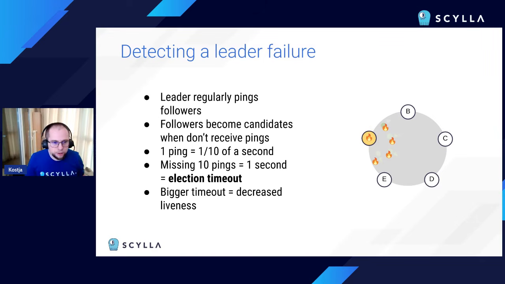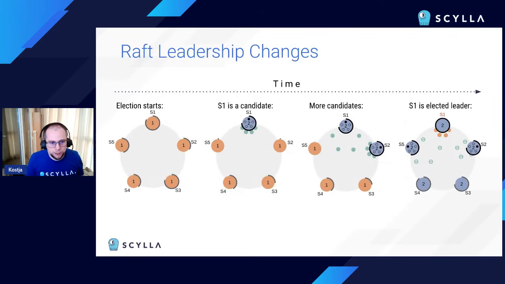So when the election happens, you have a node that says, hey, this is an election timeout. I haven't heard from a leader. I want to become a leader myself. That node, in this case S1 in this example, transitions to a special state in Raft that's called the candidate state.